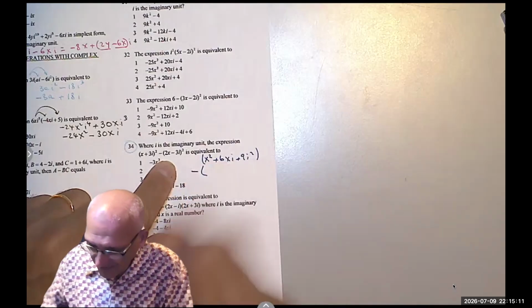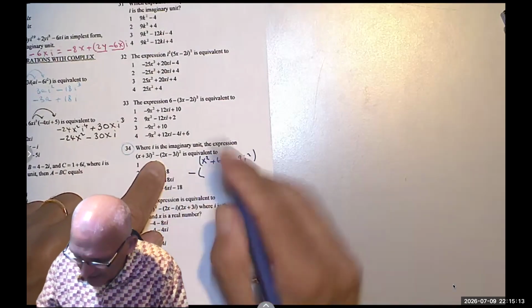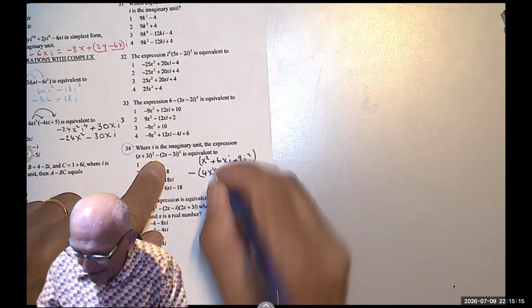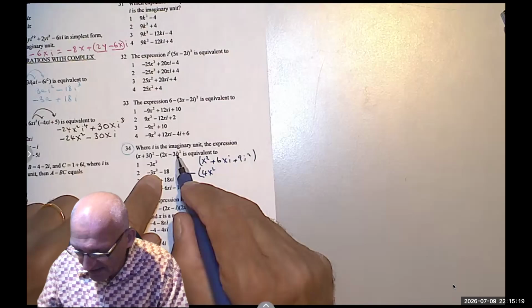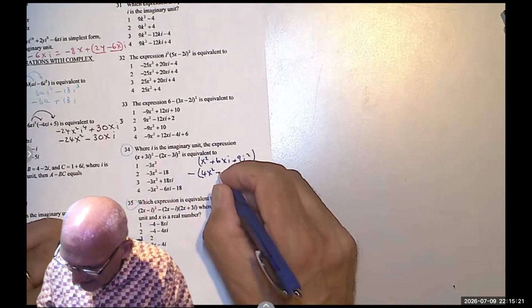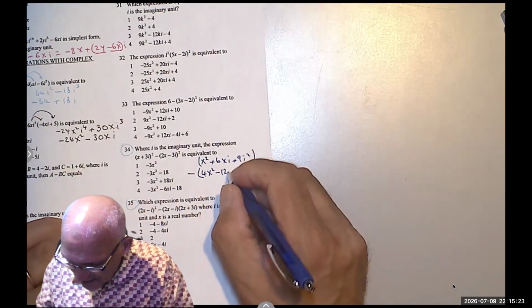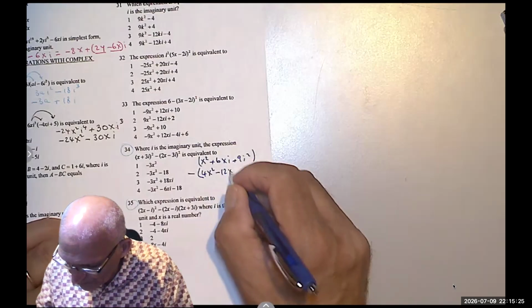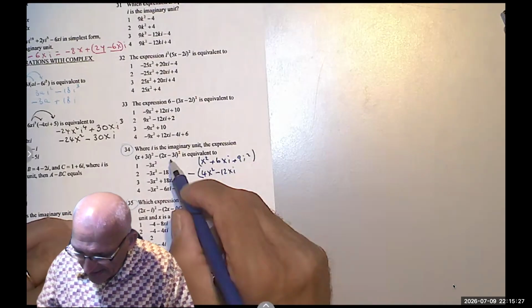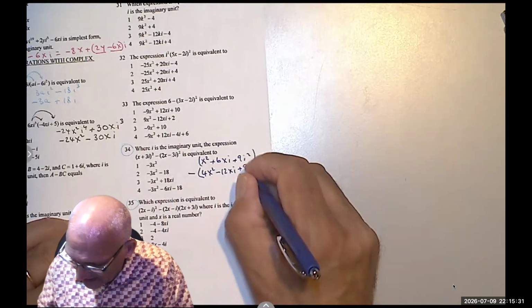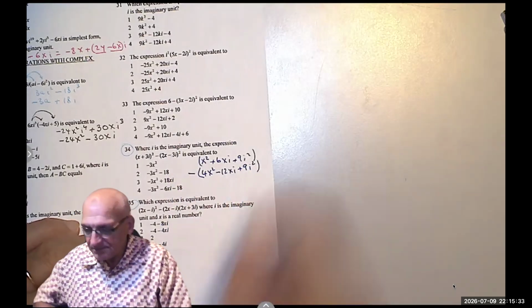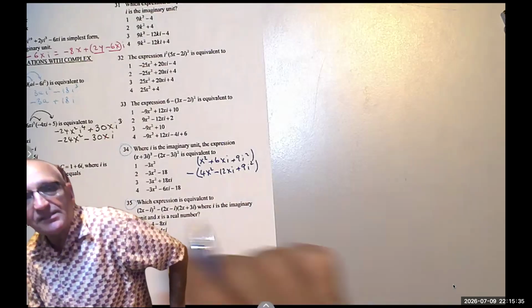Minus the second term, (2x minus 3i) squared: 2x times 2x is 4x squared. This times that is negative 6xi times 2, so it's negative 12xi. And negative 3i times negative 3i is positive 9i squared. And then we are going to subtract.